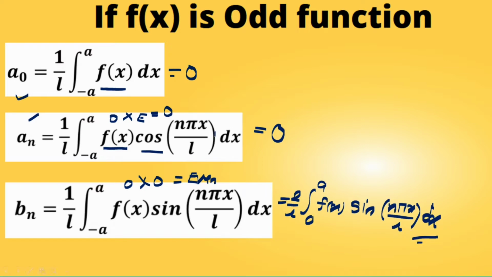So here when our function is odd, we just have to find the value of bn.